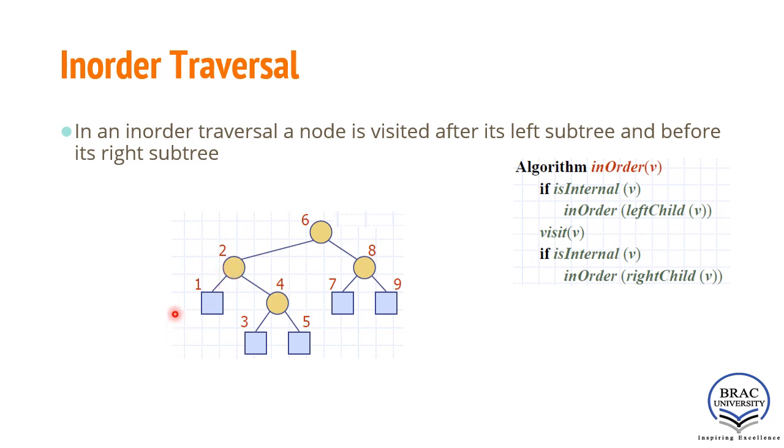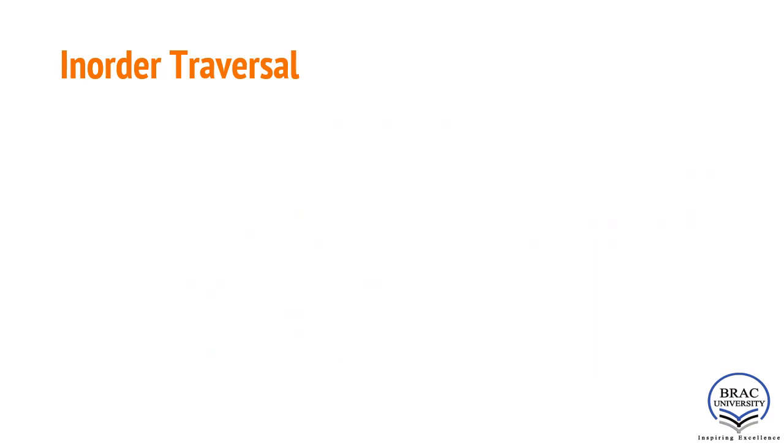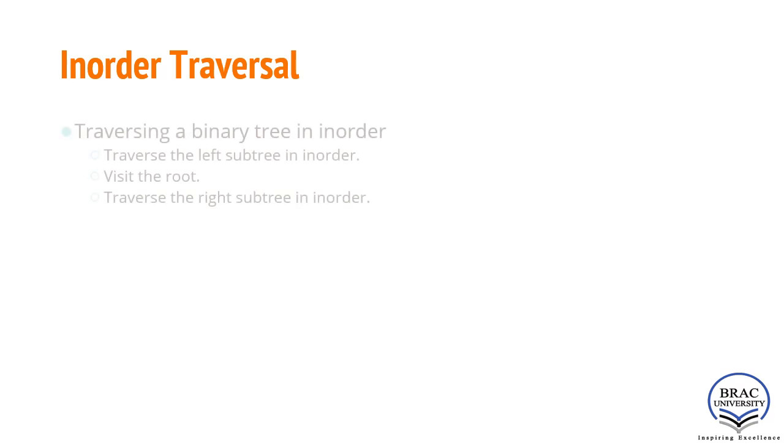At first we need to complete visiting all nodes of the left subtree, and after that visit the root, and after that we will visit the right subtree. So traversing a binary tree in order means traverse the left subtree in order, then visit the root, and then traverse the right subtree, also in order.